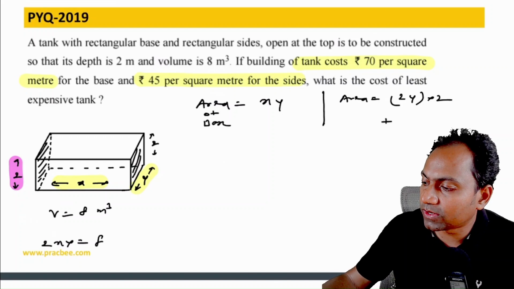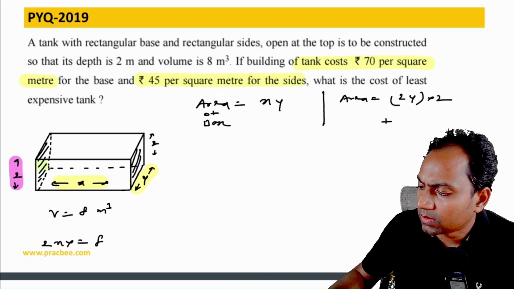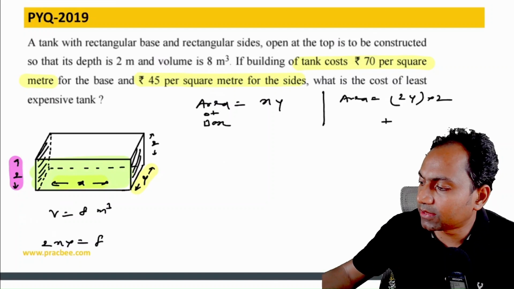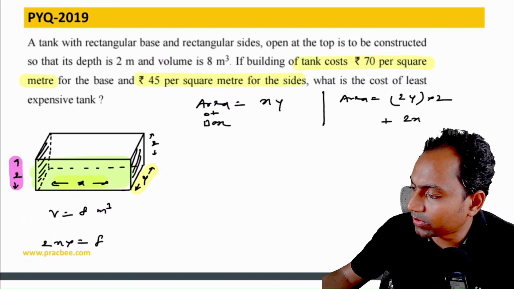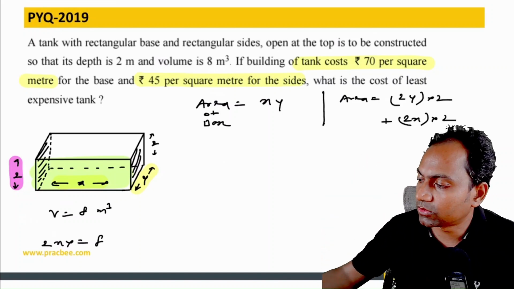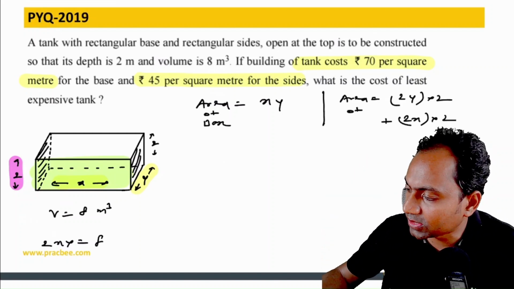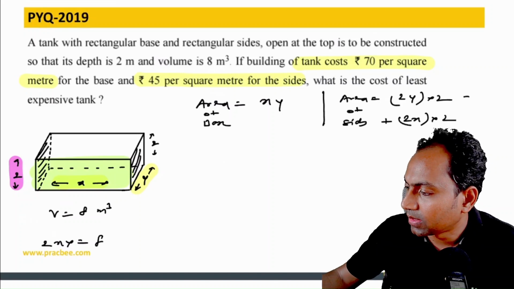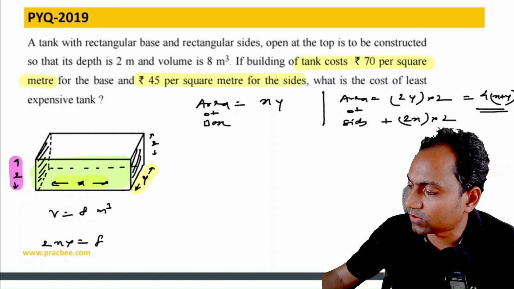So if I take this front one, this side can now be written as nothing but 2 into x, and then there is also one in front of it. So 2. So now if I write the area of sides, it comes out to be nothing but 4 times x plus y. This is what we are getting.